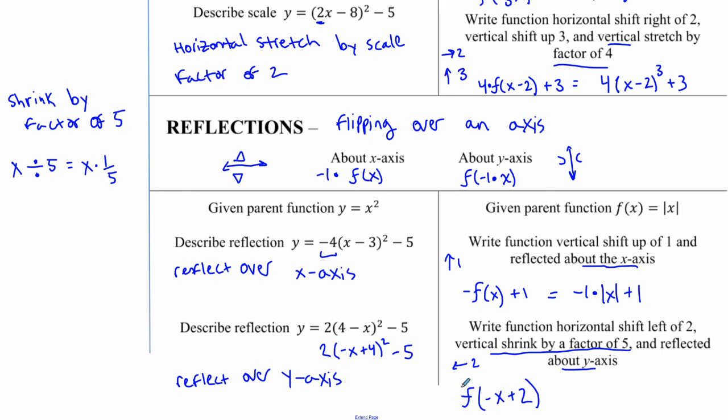So we're going to put a 1/5 outside of our function. So this would be 1/5 times the absolute value. Now you could write this as -x plus 2, or you could write this as 2 minus x. Either way would be fine. 2 minus x. And you're done.